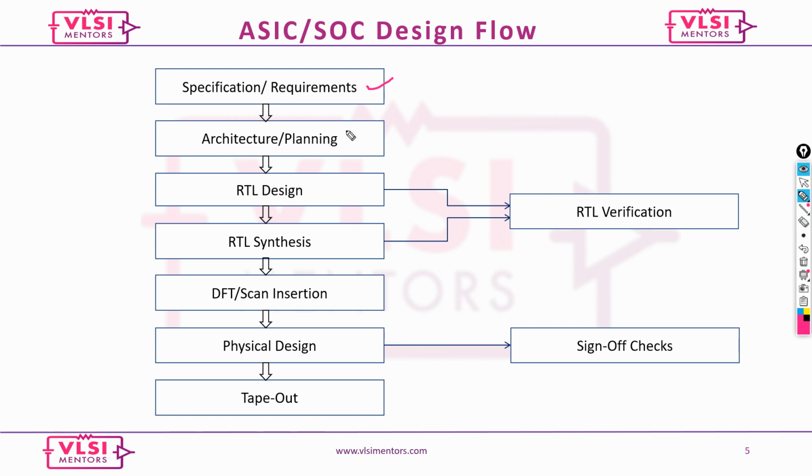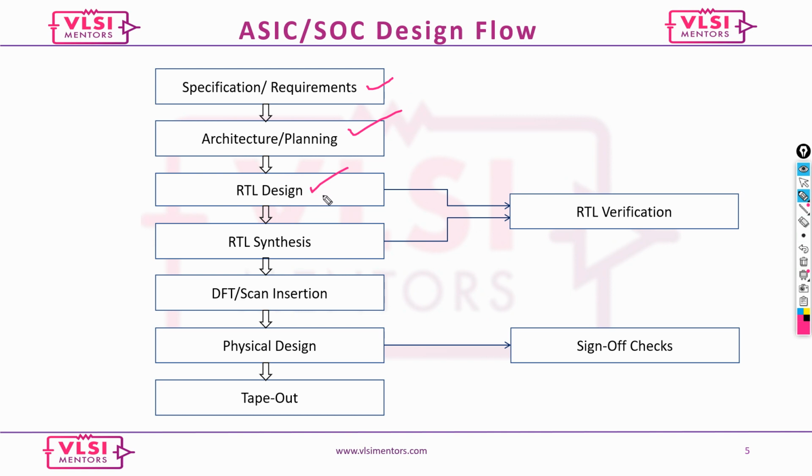Then we look at the RTL design portion, where we go and implement the design. Some people may reuse certain designs from previous projects, and if the design is totally new, then we would be designing the RTL.